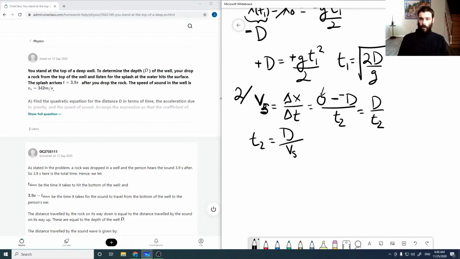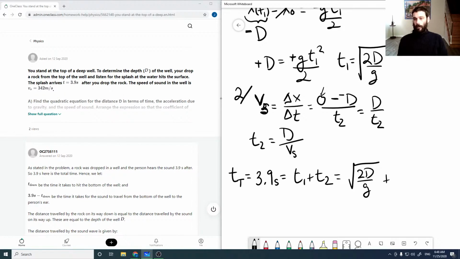So now we have our 2 times for our journey, and we know that the total time is 3.9 seconds, and that's going to equal the sum of our 2 times. So that's the square root of 2d over g plus d over v sound. Now, to get our quadratic equation, we could square this right now, but that's going to get messy.